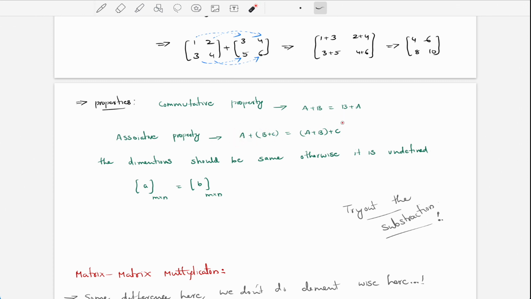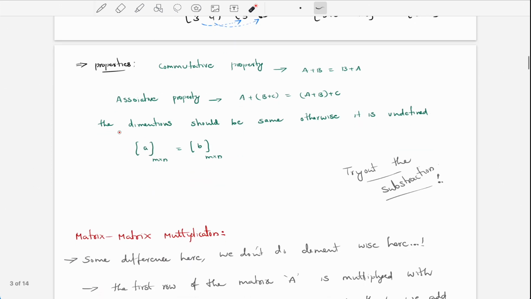So if we have an example like 2 plus 3 and so on, the answer is equal to 6 is equal to 6. The answer is the same, which means it follows the associative property. But some matrices don't follow the associative or the commutative property. We're going to get to those in a few minutes, I think.